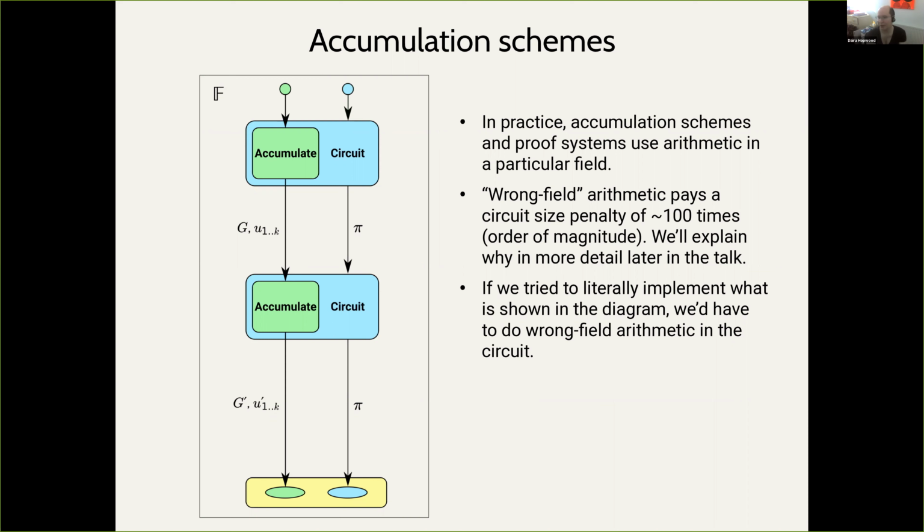So doing arithmetic in the circuit in the wrong field, you pay a penalty of about 100 times. I'll explain exactly why that is later.